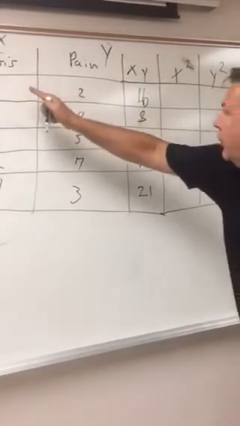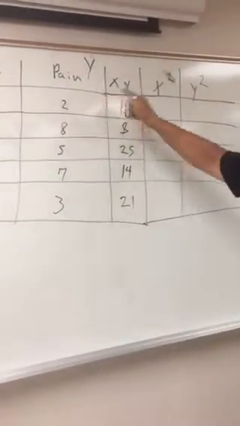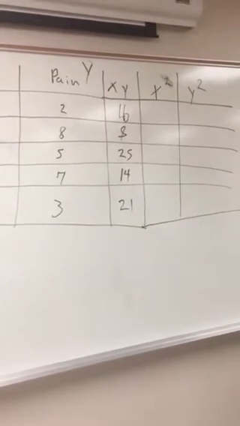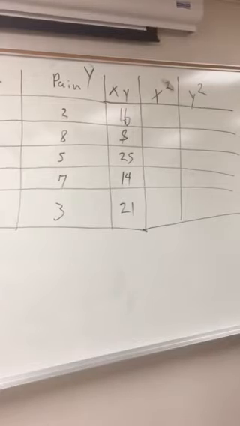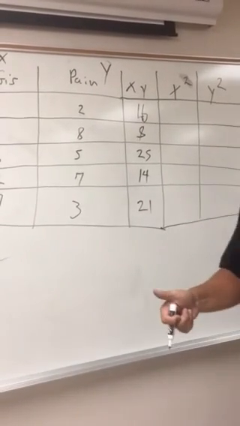Then I'm going to come over here and square each of the pain data, and I'm going to have to go find a calculator just so I make sure I do it right. So I will return in just a few minutes.